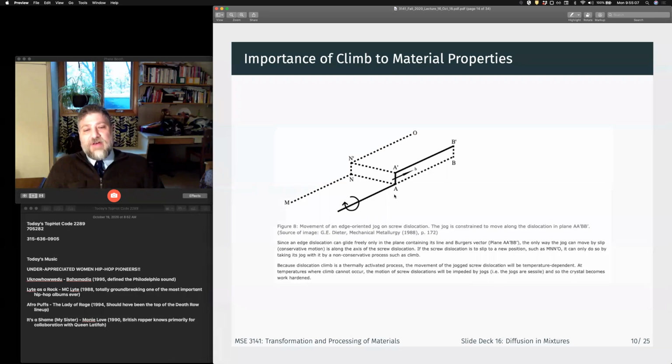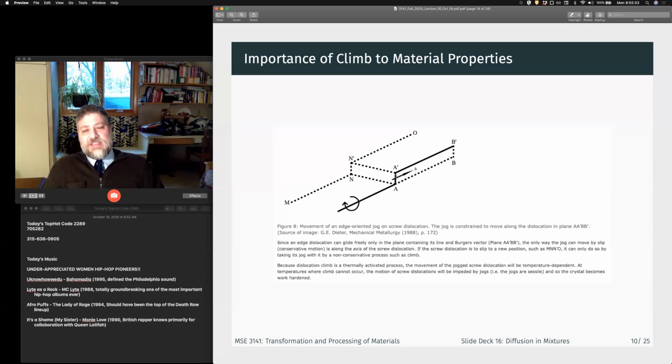But if I have a jogged screw dislocation, this screw dislocation can't glide because this edge segment pins it in place, because this edge segment has to move on a different slip plane than the screw component.